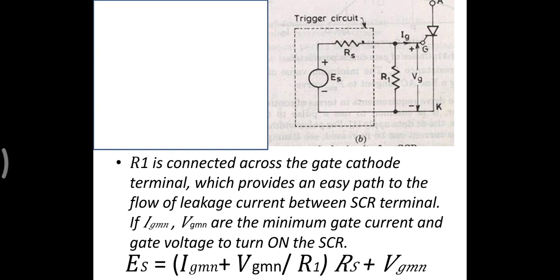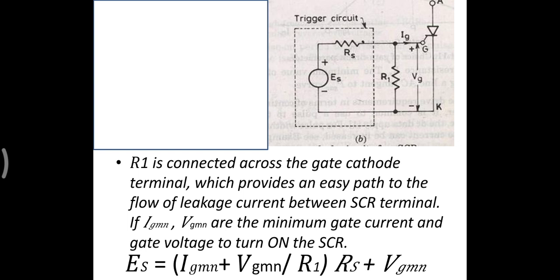If you consider IGM and VGM as the minimum gate current and gate voltage to turn on the SCR, then from the circuit we observe that ES is equal to IGM plus VGM by R1, that is, the minimum current flows through the resistor R1 into Rs plus VGM.